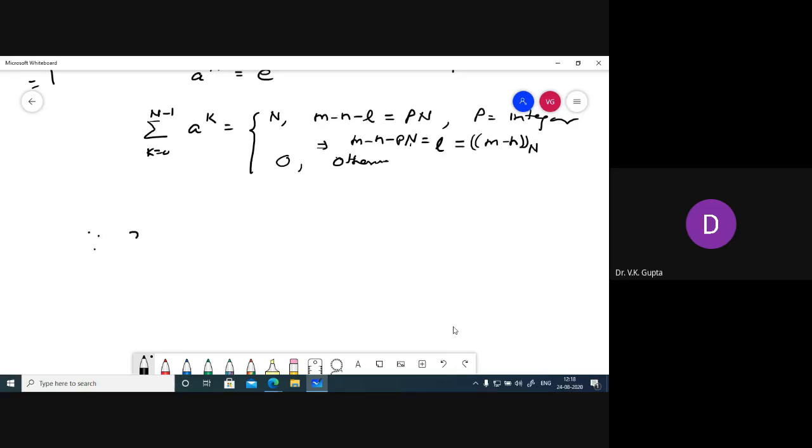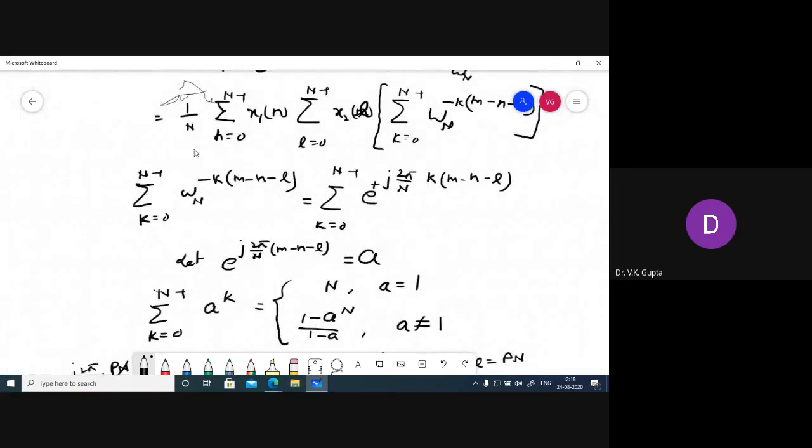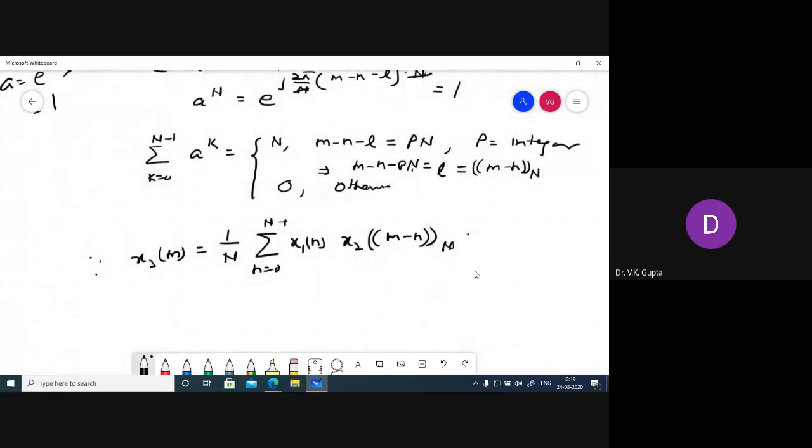Therefore, X3(m) can be written as 1 upon N sigma n equal to 0 to N minus 1 x1(n), and the second term, l is replaced by m minus n modulo N, and the third term, the summation, is capital N. So N is cancelled by this 1/N.